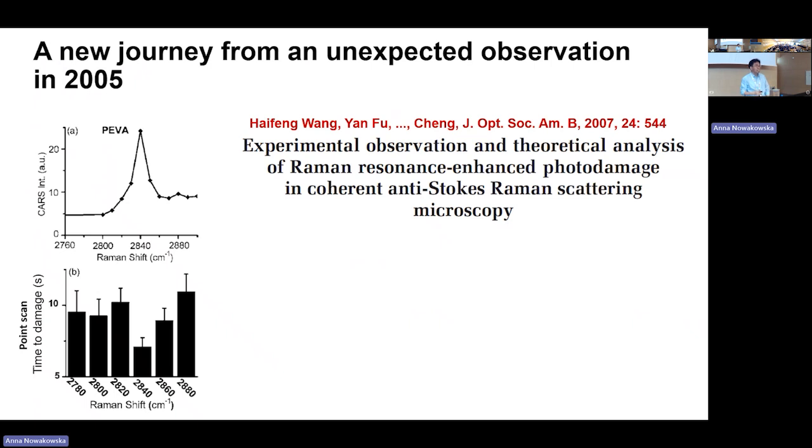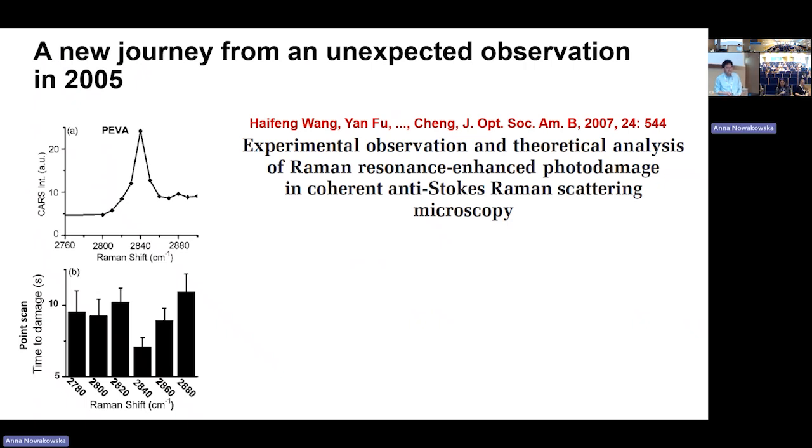We expected that multi-photon absorption is a major mechanism. And to our surprise, at the Raman resonance, the time to damage is reduced. So this is at a single point. That was a surprise. Why can Raman scattering cause photo damage, right?